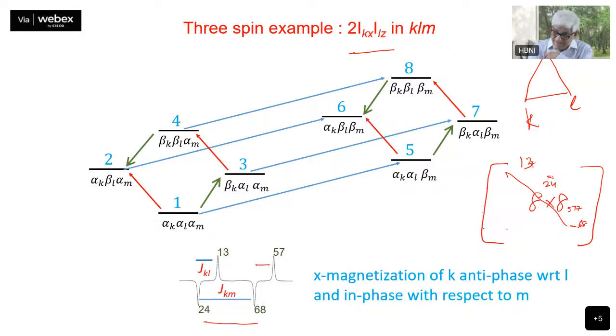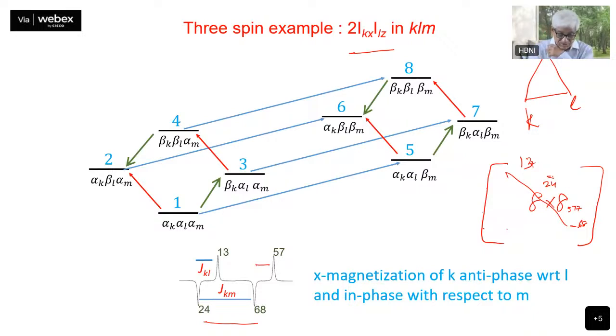So 2, 4, 6, 8 have the same sign, 1, 3, 5, 7 has the same sign, and therefore we say the M splitting is what is called the passive splitting. It is not an active one, we'll come to that later. So KL coupling leads to antiphase splitting, KM coupling leads to in-phase splitting, and that's why the term will appear like this: K 6, 8 and 5, 7.